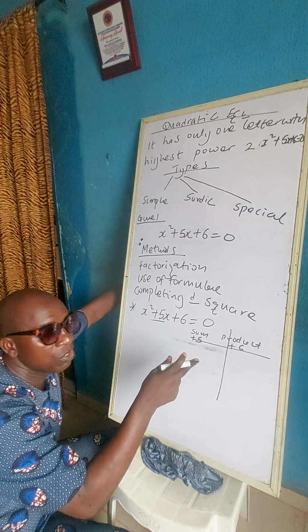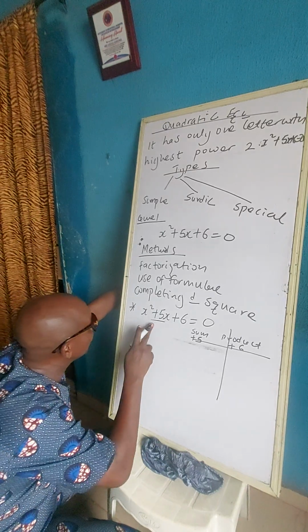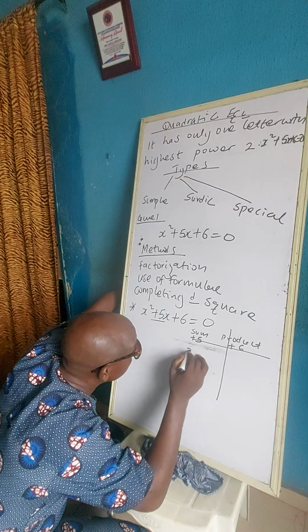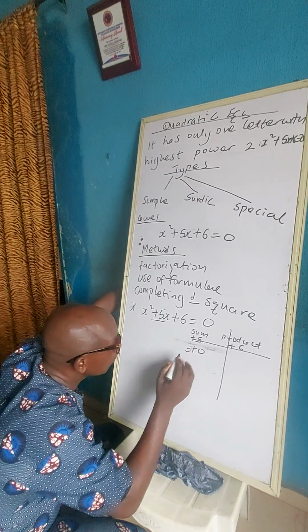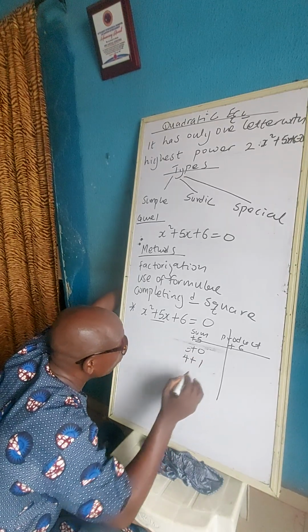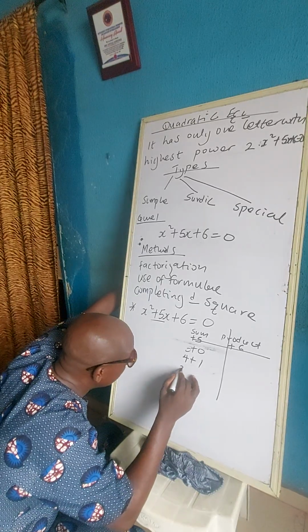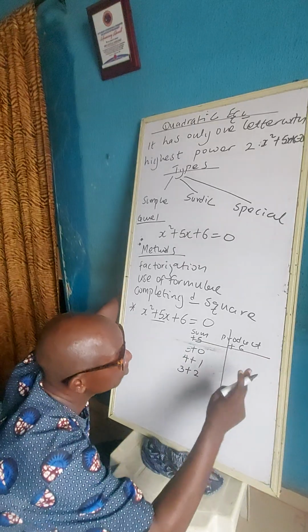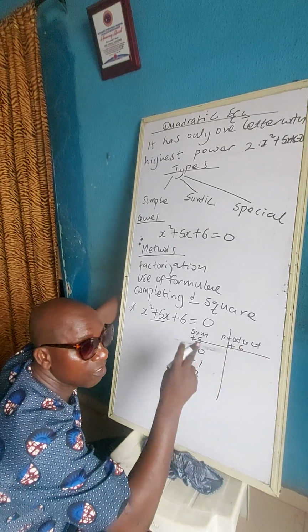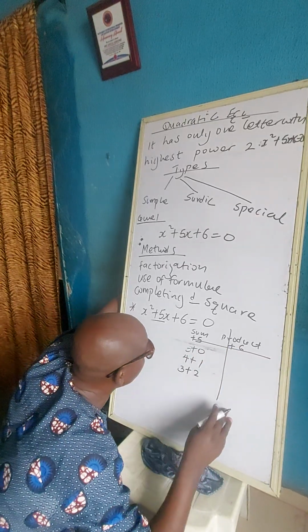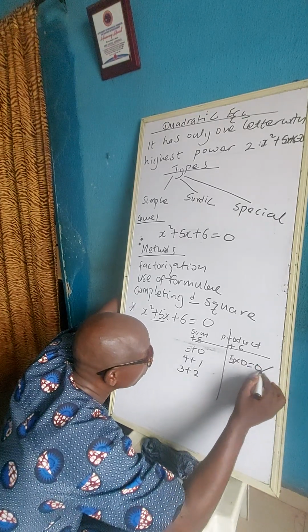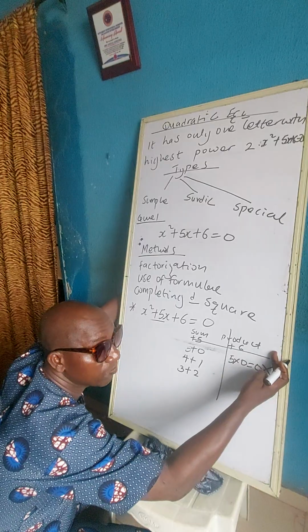What are the two numbers that will give us plus 5? We have 5 plus 0. We have 4 plus 1. It will give us 5. We have 3 plus 2. Let's test it, maybe it will give us plus 6. 5 times 0 equal to 0. You can't use it because it does not give us plus 6.